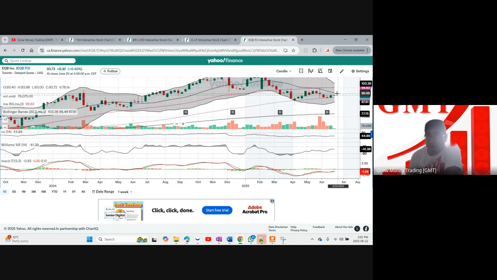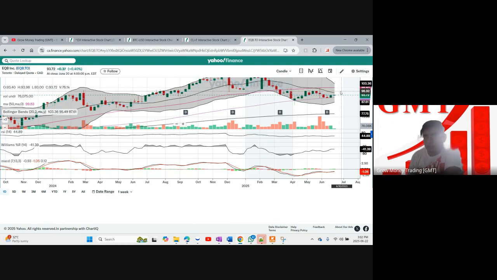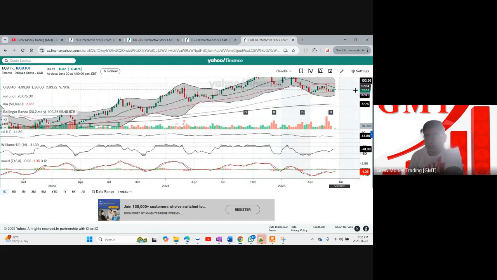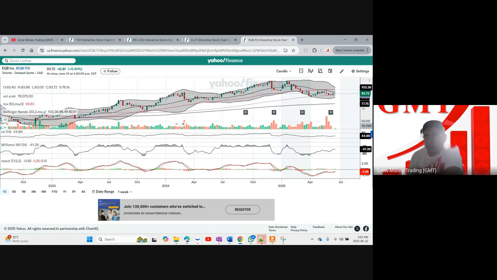In terms of the next resistance levels to watch for, the first one is the mid Bollinger Band level here at 95.50, which could be a weak resistance, and you could consider to hold it for higher targets. 96.90 could be the second target, and we are looking at this on a weekly basis.